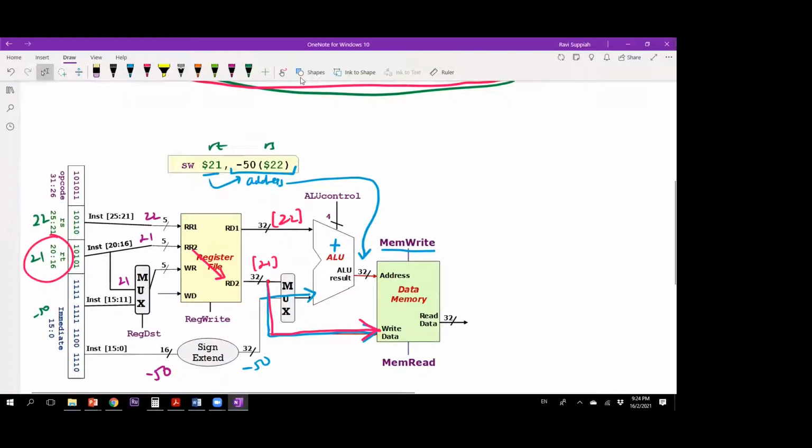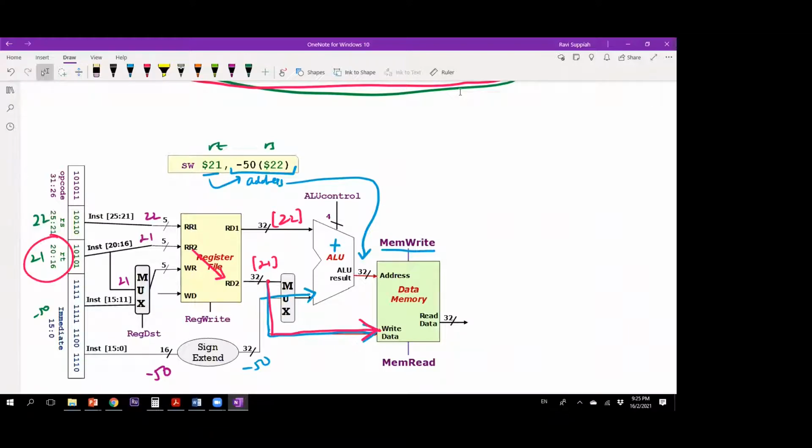So in the store word, for this store word one, when we put in register 21 into WR, actually later on we don't use that already, right? Yeah, we specify register 21 as the data that we want to update into a particular memory.